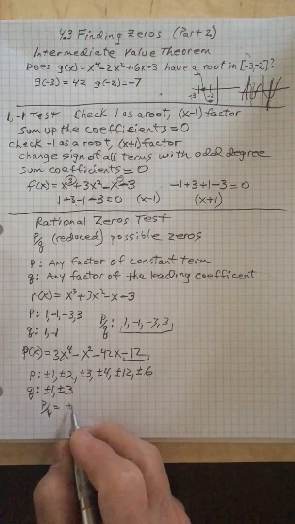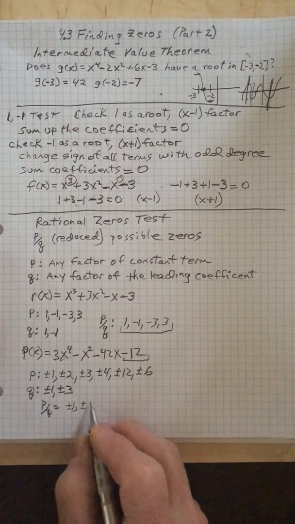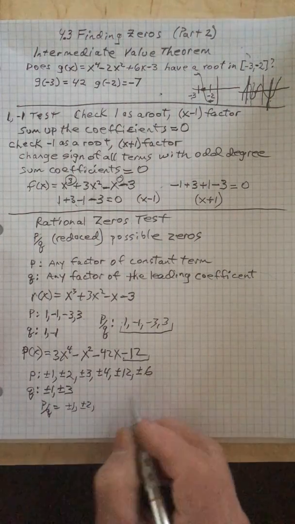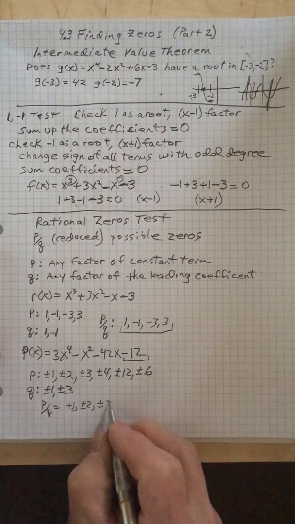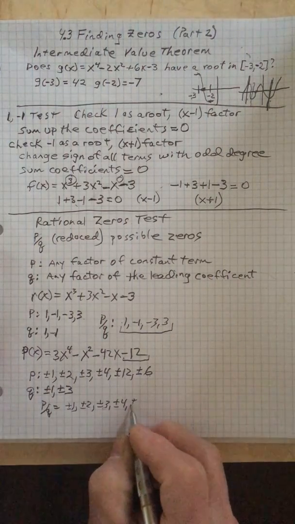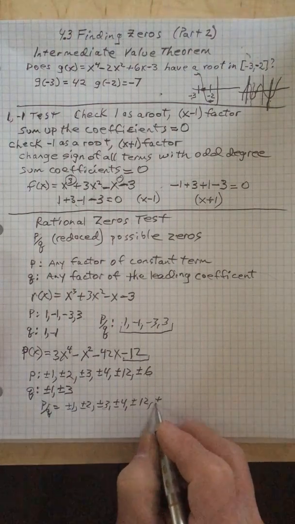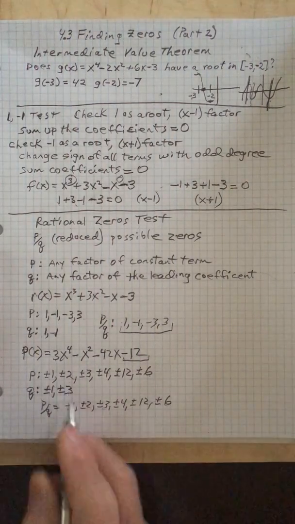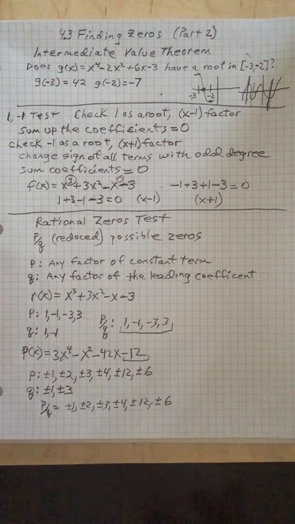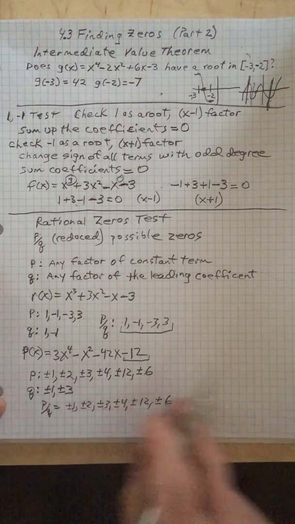So plus or minus 1, plus or minus 2. Basically, it's all of these. I'll keep the same order. Then I've got to test plus or minus 3 for q, so I've got to add to this list.